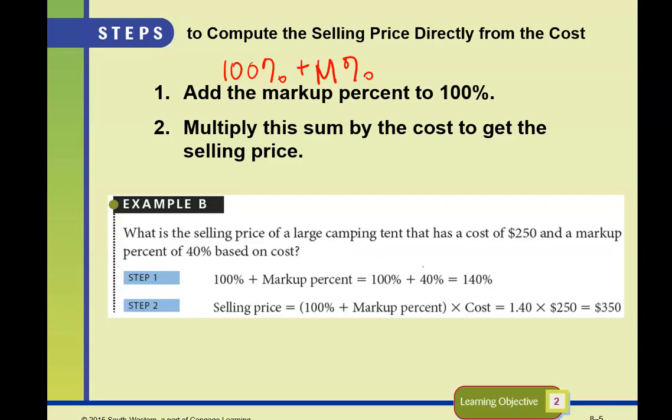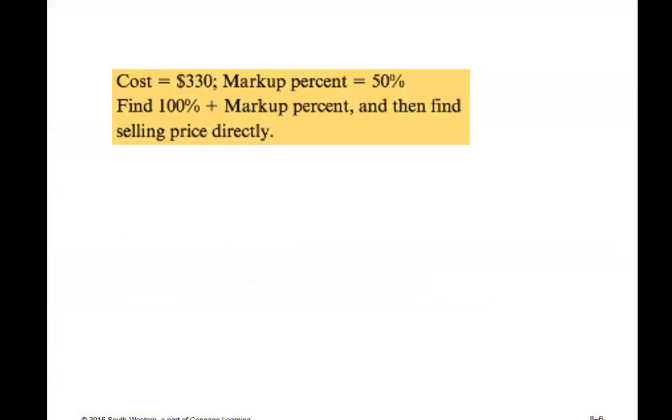In this example, we have a large camping tent that has a cost of $250 and a markup percent of 40% based on cost. First, we add 100% plus the markup percent, which gives us 140%. The selling price is what we got in step 1 times the cost. So 140% times $250 gives us a selling price of $350.